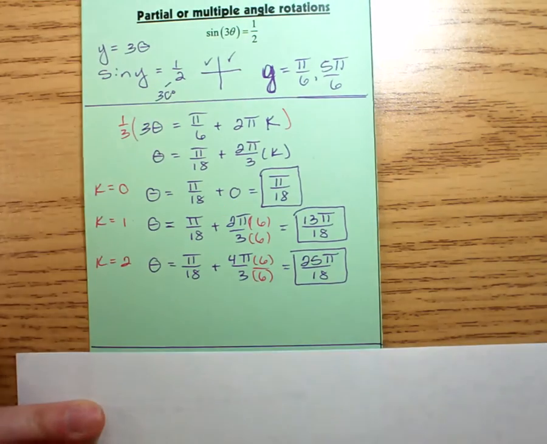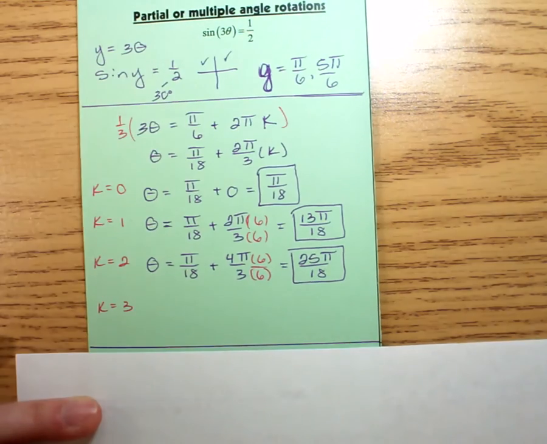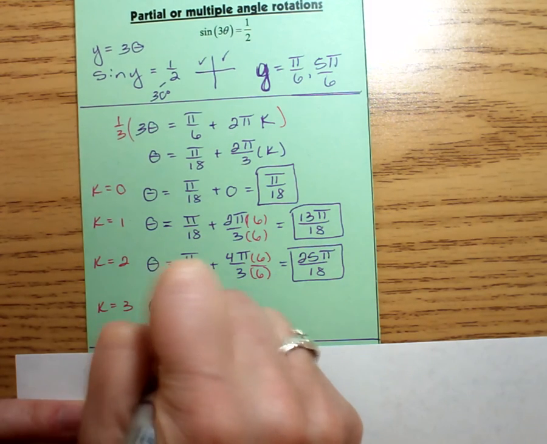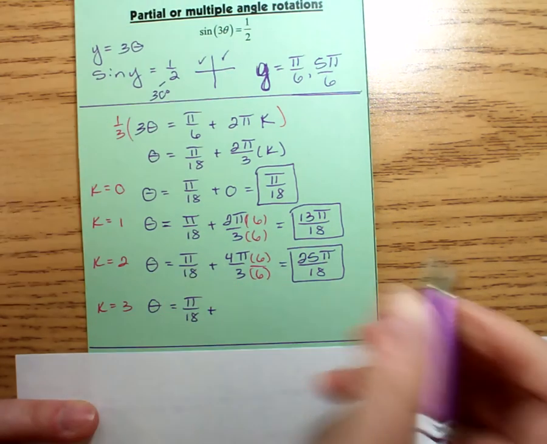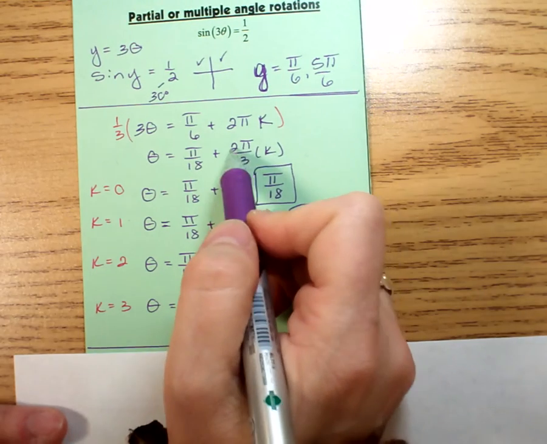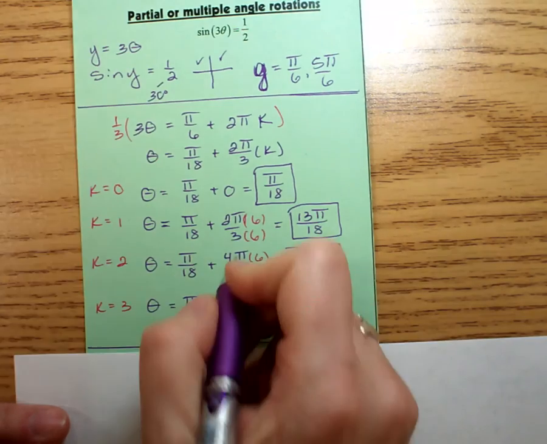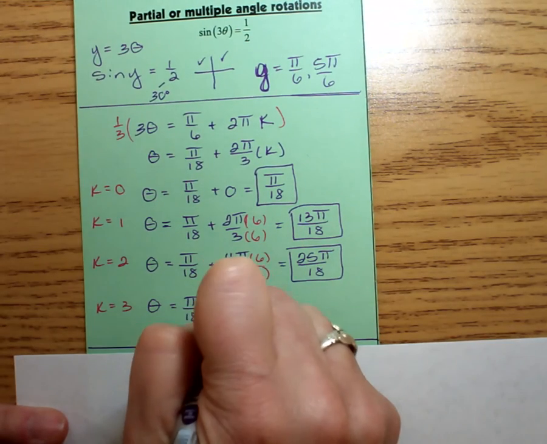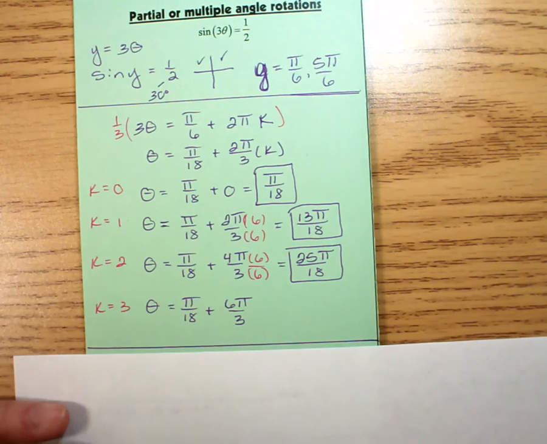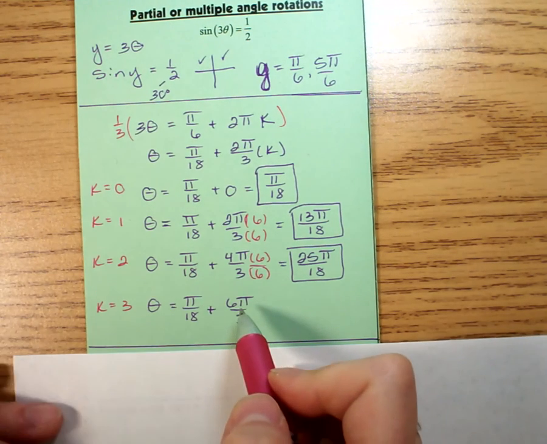When I get to k equals 3, you might already know where this is going. I'm going to have pi over 18 plus 3 times my 2 pi over 3. The 3's are going to cancel, so I'll get 2 pi, or I can even write it as 6 pi over 3 if you don't see that canceling. What I can immediately see is that 6 pi over 3 is a full rotation.